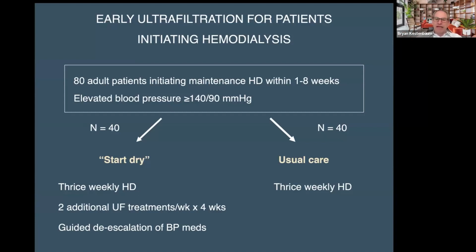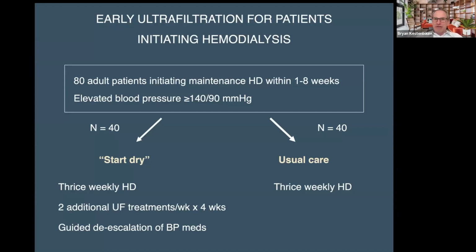So the inclusion criteria for this trial is incident dialysis within the first 8 weeks and hypertension with a blood pressure over 140/90. And people are going to be randomly assigned to thrice weekly dialysis, typical. If you're in the start dry group, which is the intervention group, you're going to get 2 extra ultrafiltration treatments per week.